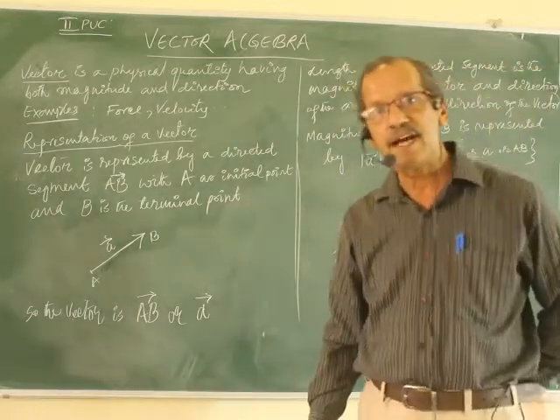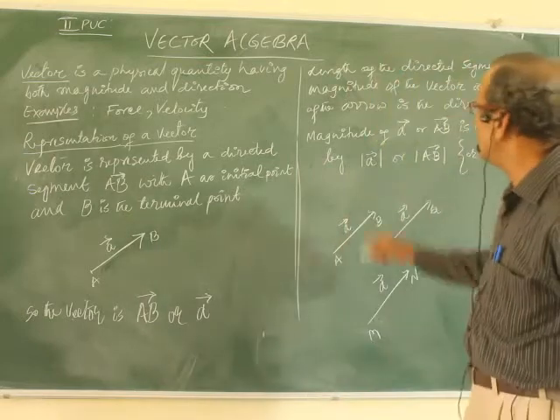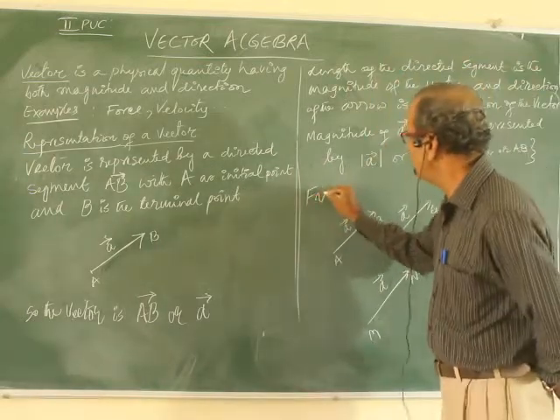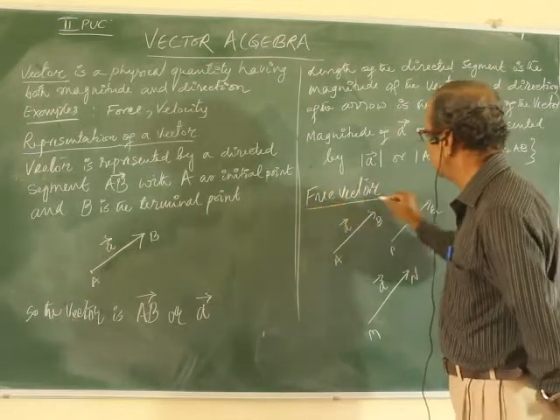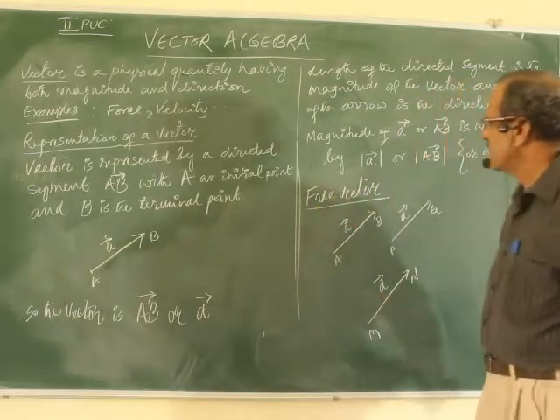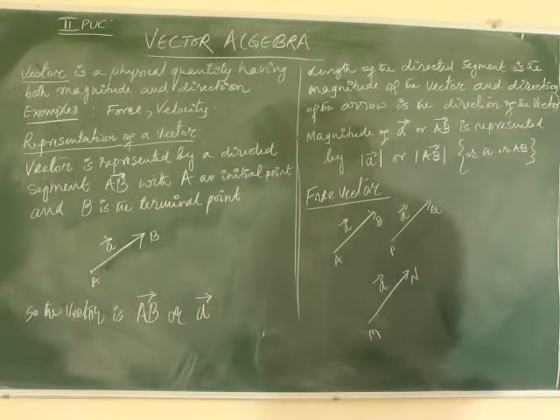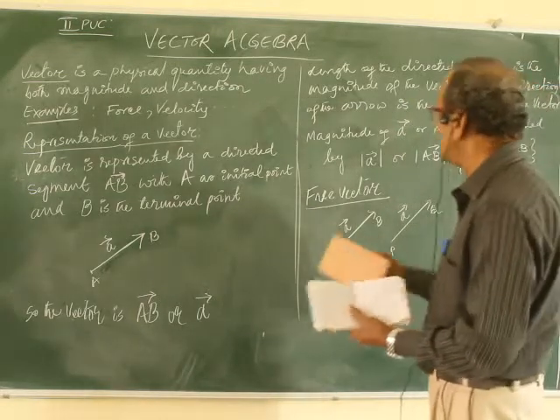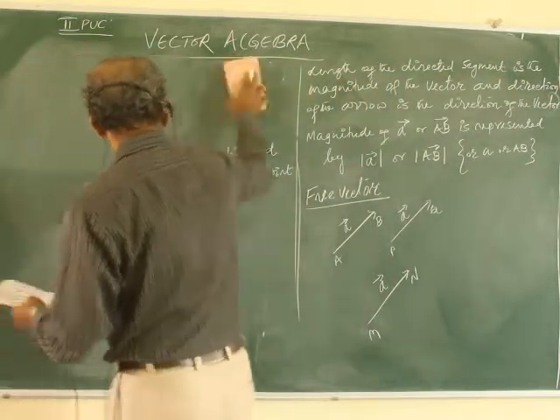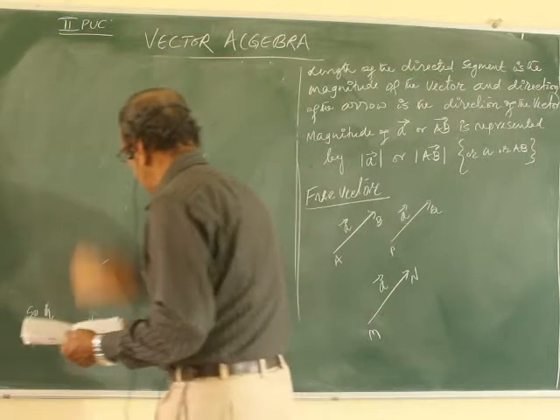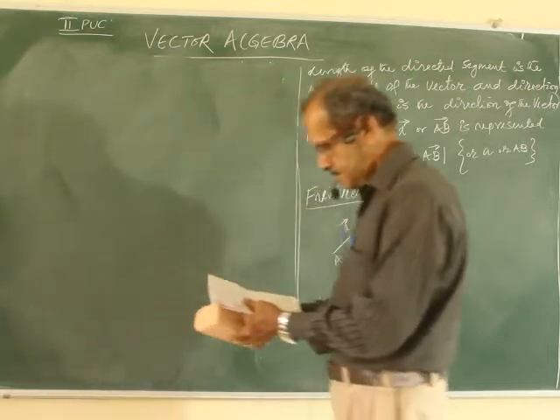You can draw anywhere, so it is a free vector. So let me write the next point like this. Free vector. Draw the figure. After that, let me write the explanation. What do you mean by a free vector? Let me give the explanation for that.